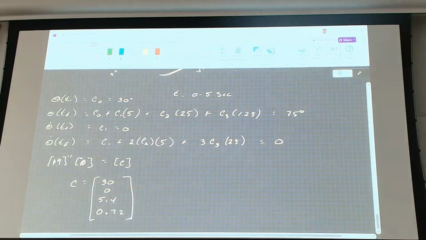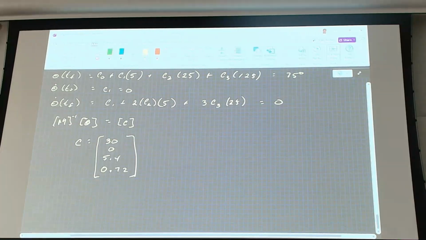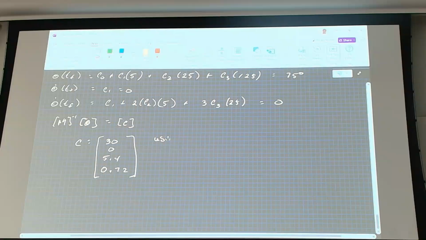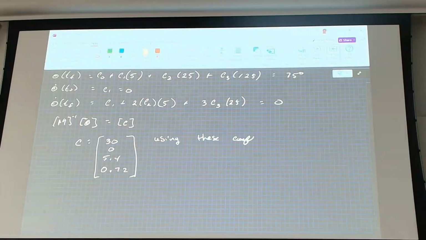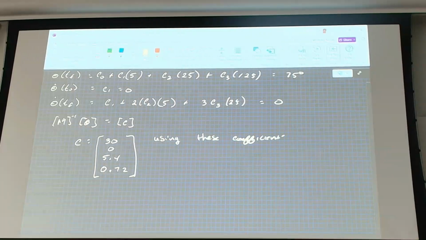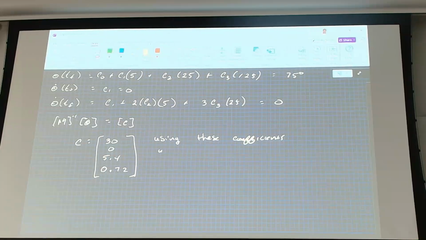So those become the coefficients. Using these coefficients, we're able to compute both theta of t and theta dot of t for any t.